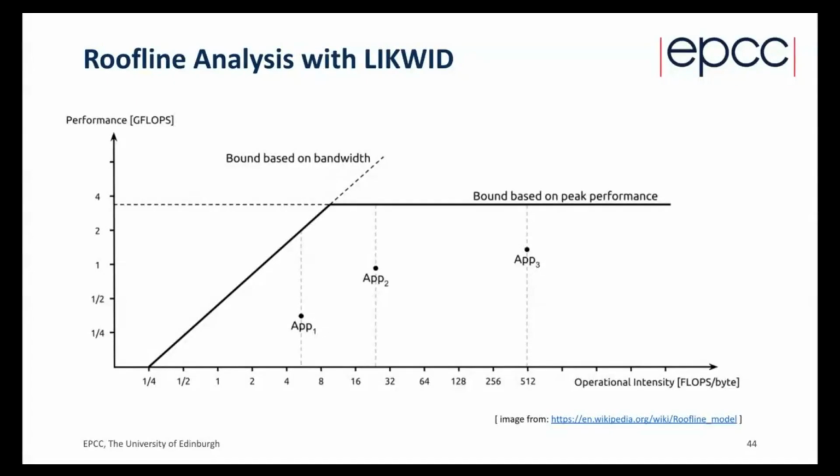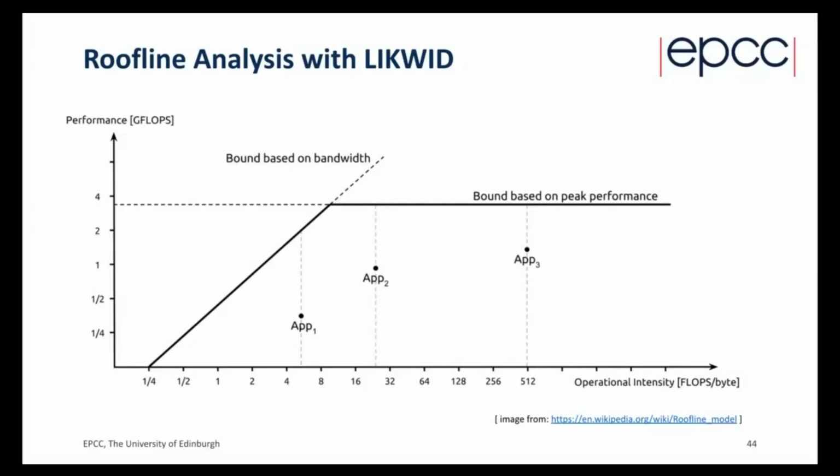We can get a roofline defined by running stream to get the slanted roof, and to get the horizontal roof for peak performance, either from theoretical numbers, we can estimate from number of cores times the frequency, and then we can get different values, whether we're using, for example, single precision or double precision with vector instructions like SSE or AVX.